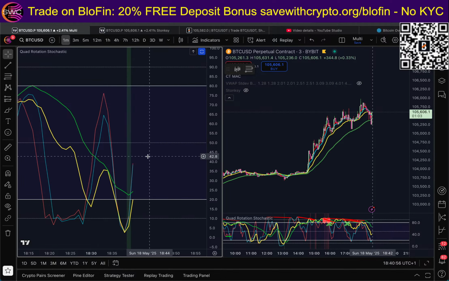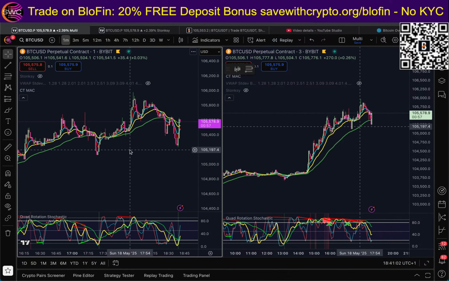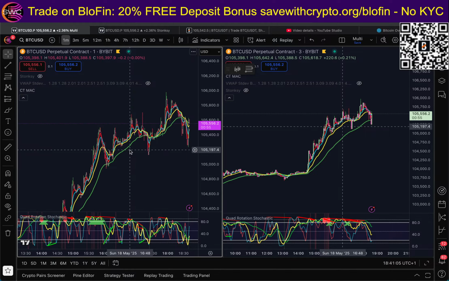So if they go back up, the price will go back up. But it's not really like a bottom, is it? It's just something you could probably scalp if you were doing something. I'm not sure.